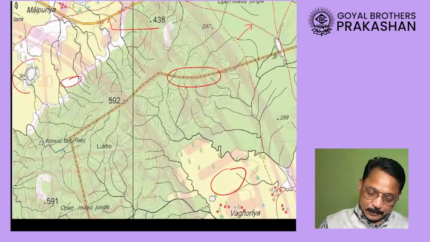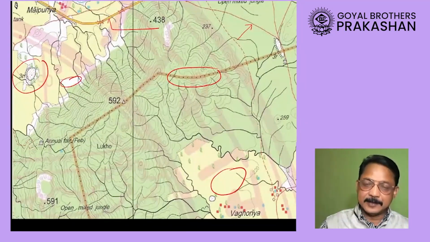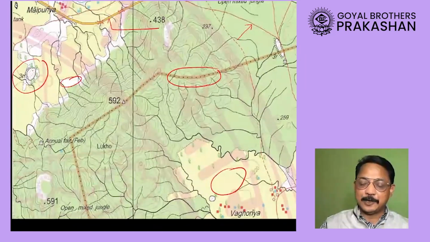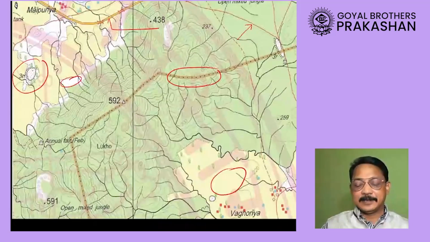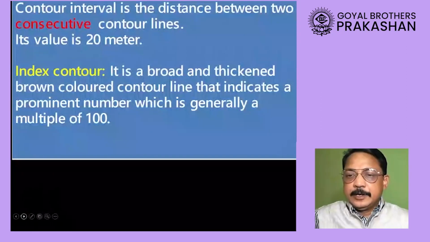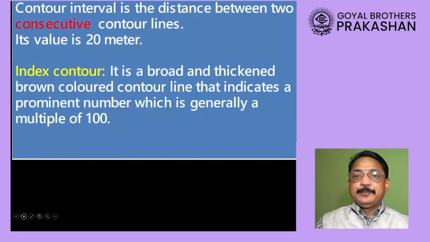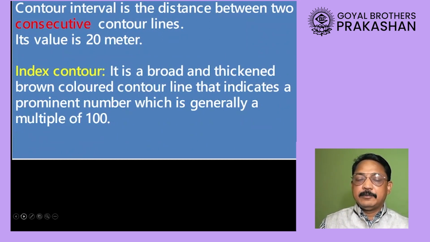Then look at this symbol, black color circle with black dots inside it, it is a dry tank. Students, there is one more important term, contour interval, and index contour. I will explain these later in great detail.